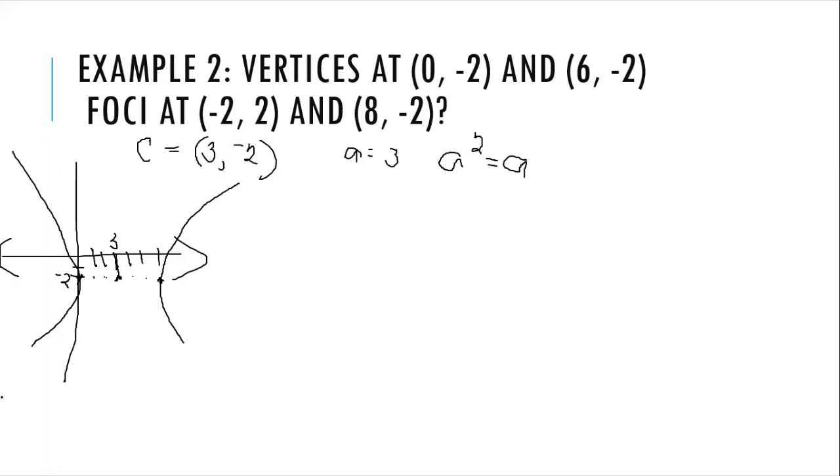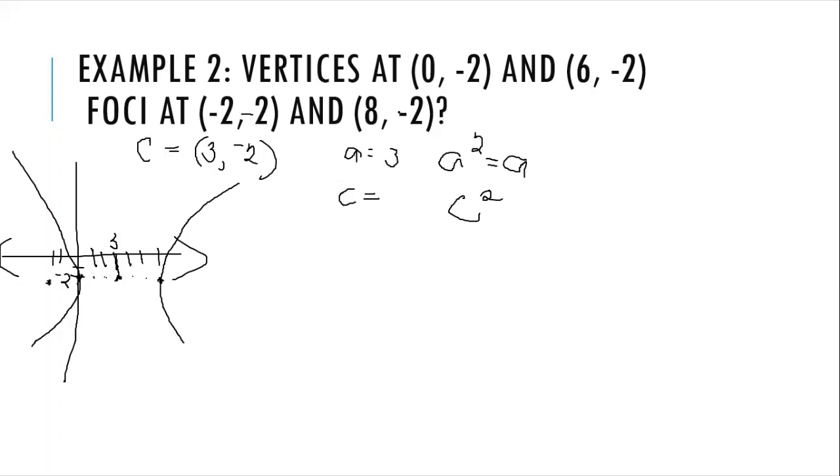Okay po. Now, let's find po our b squared. So we have our c squared. So foci po natin is negative 2, positive 2. So negative 2 ang ating x, and then negative 2 as well. Okay po.